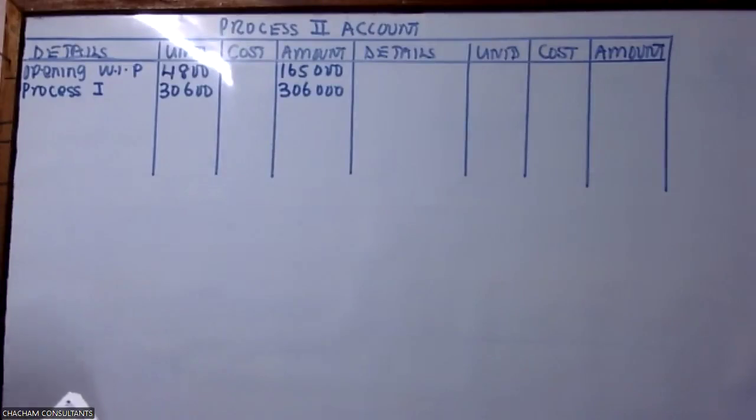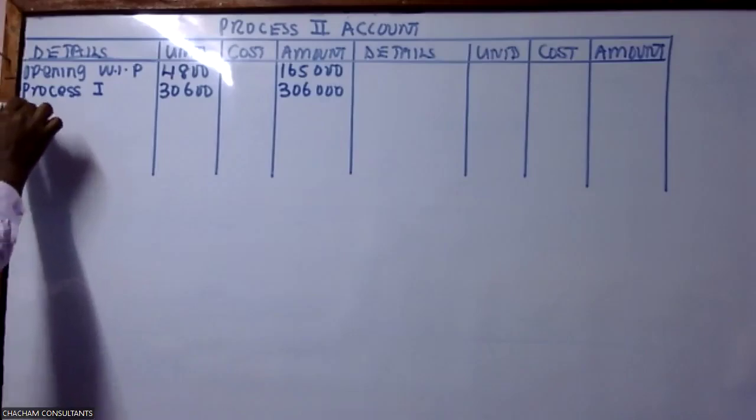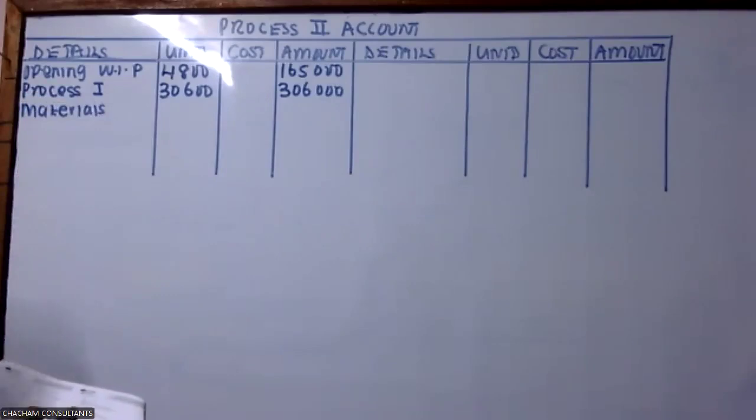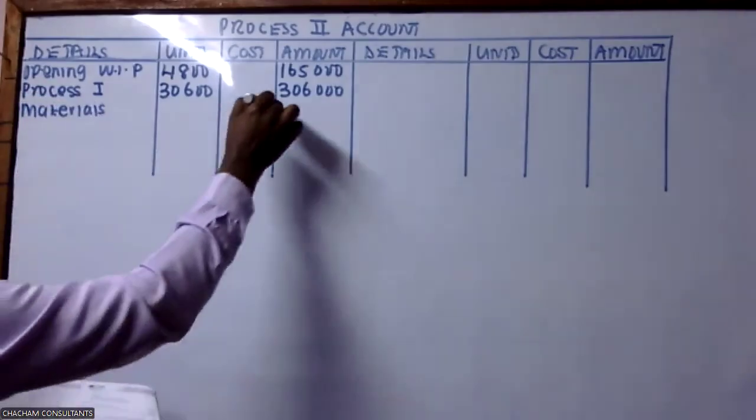Additional costs, we have materials. So let's just call it added materials, 134,400.